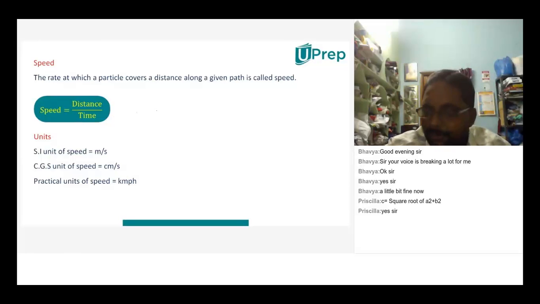Generally, suppose you are going in a car with your papa and you say that my papa drove the car with a speed of 100 kilometers per hour. What do you mean by this? Tell me, Bhavya, what do you mean by this 100 kilometers per hour?